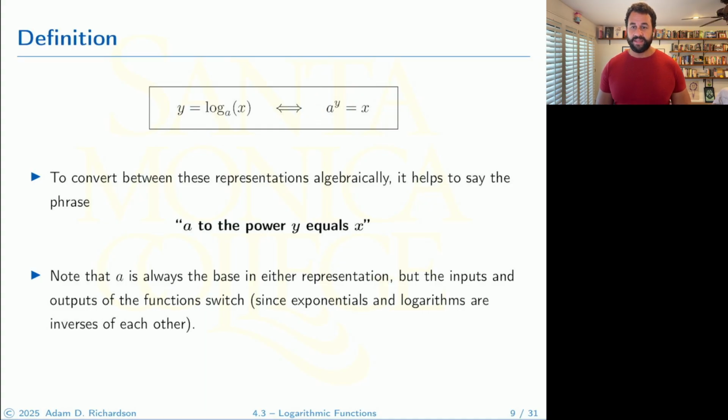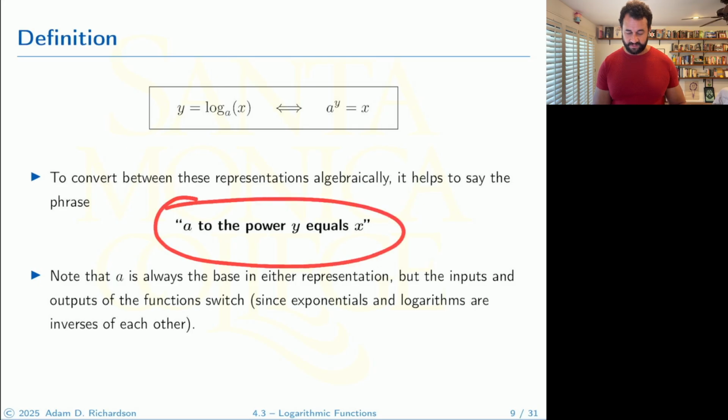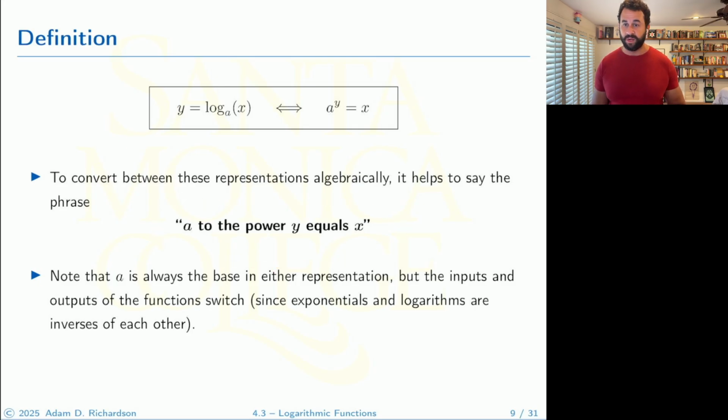Boom. And actually, some of my students in the past would call this the snail method because it kind of looks like a snail if you draw it nicer than I'm drawing it right now. It's kind of like this snail swirly looking thing, okay? So this is the phrase that I always find helps me convert between these two representations. Couple other things to notice here. No matter what, a is always the base in these representations.